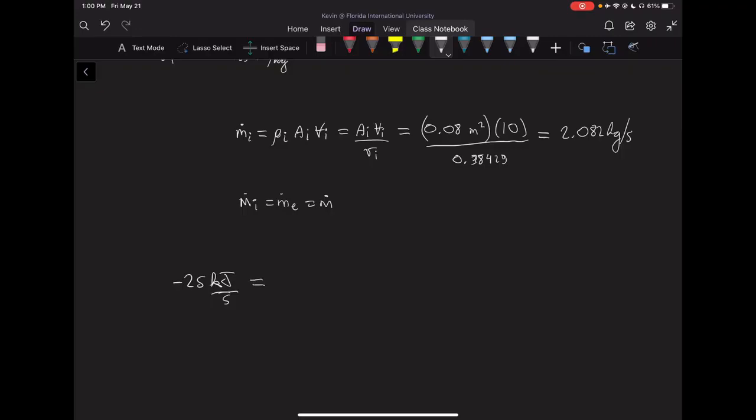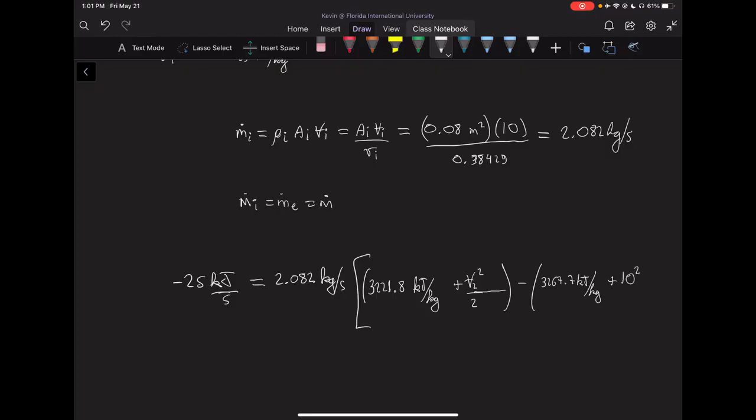And the reason is because we have minus 25 kilojoules per second equal to 2.082 kilograms per second, and then we're going to multiply this by 3,221.8 kilojoules per kilogram plus V2 squared over 2 minus 3,267.7 kilojoules per kilogram plus 10 squared over 2.